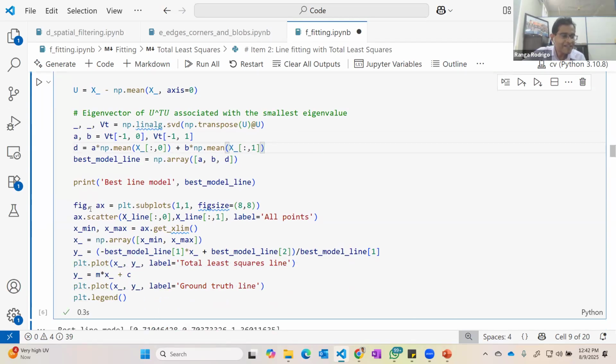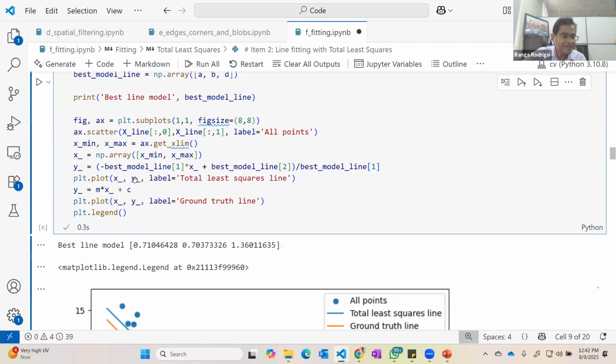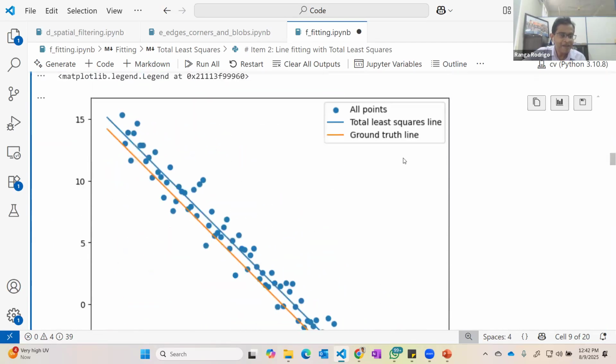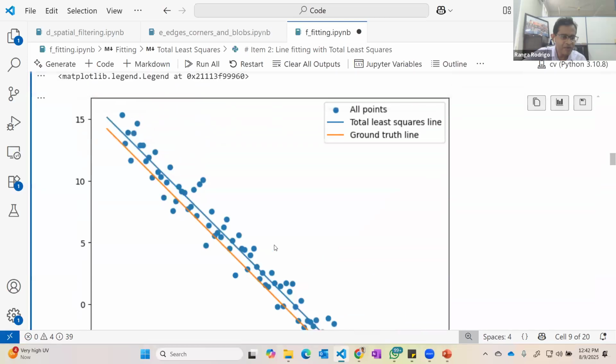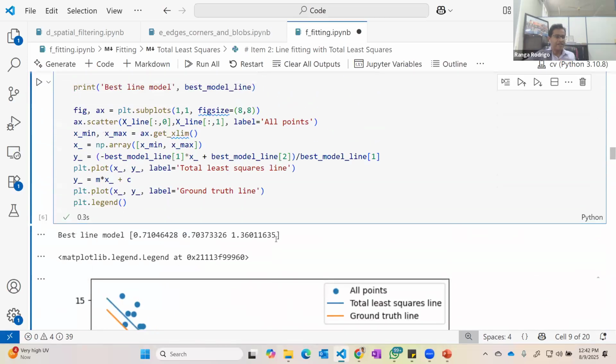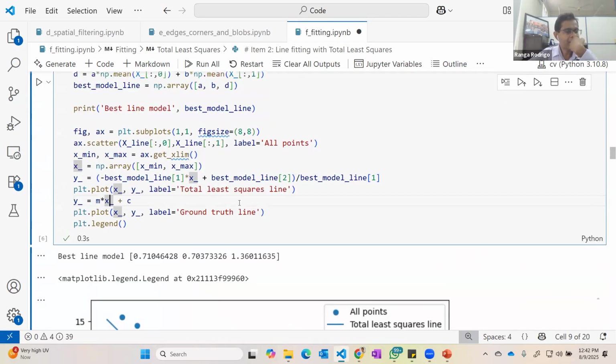Then the model of the line is there, so you can plot it and see. Here I have plotted that. You can see all points are there. The total least squares line is there. The ground truth line is also there. I don't know whether this ground truth line is correct. There's something wrong in that.